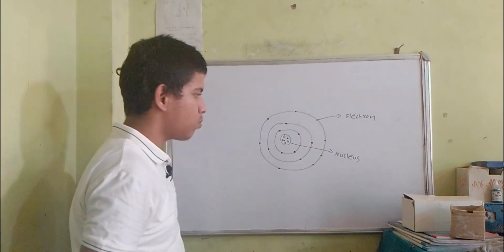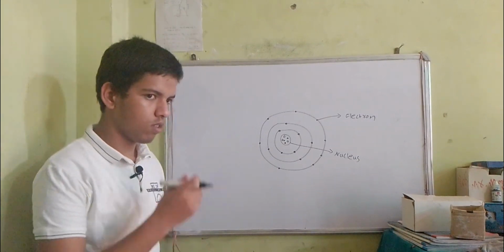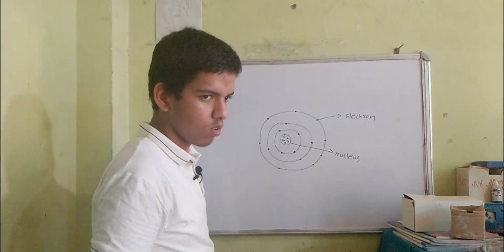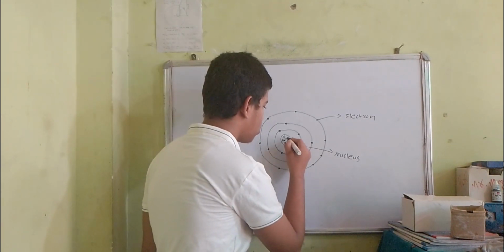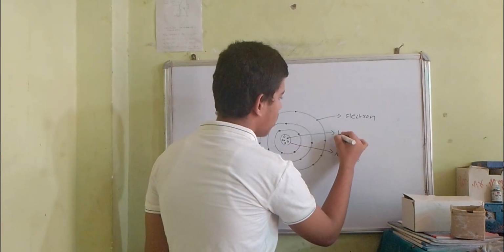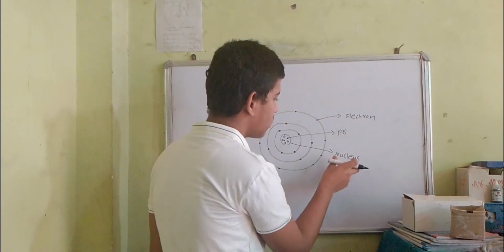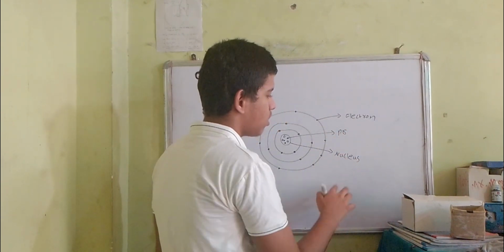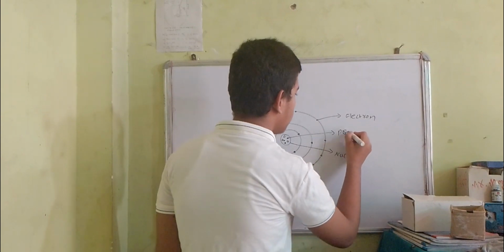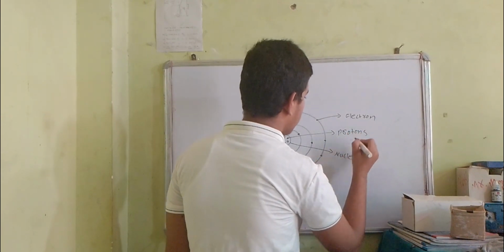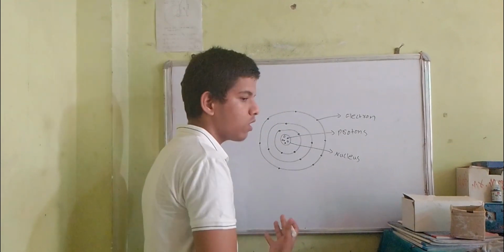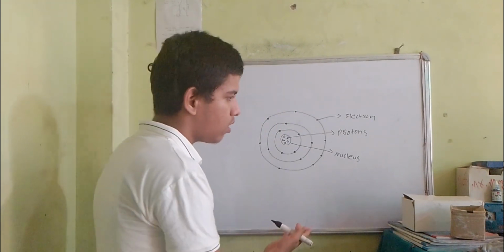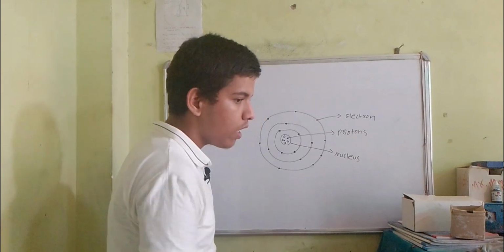And where are the protons and neutrons? The protons and neutrons are located in the center, in the nucleus. If your exam asks where protons and neutrons are located, the answer is that protons and neutrons are located in the nucleus.